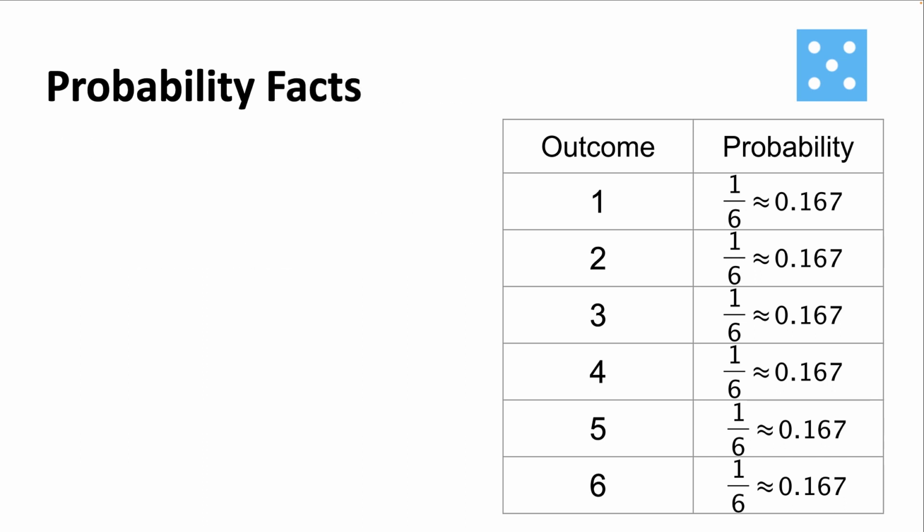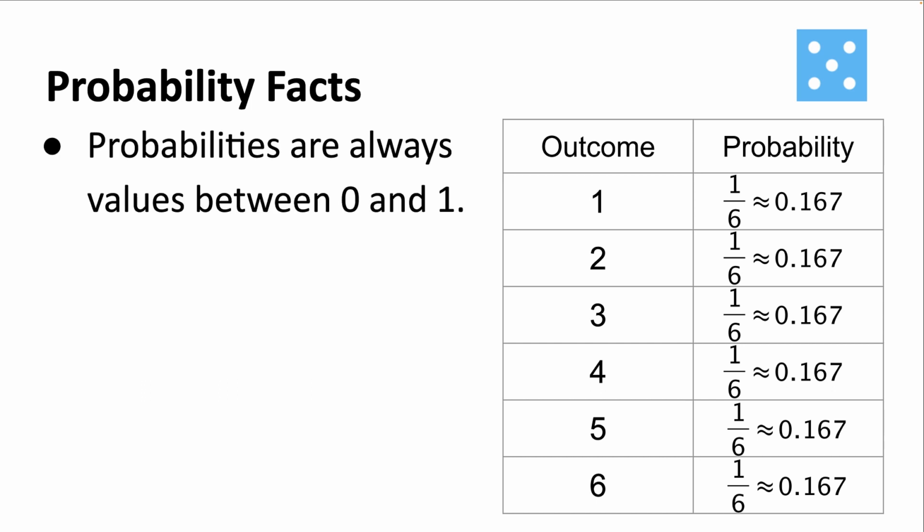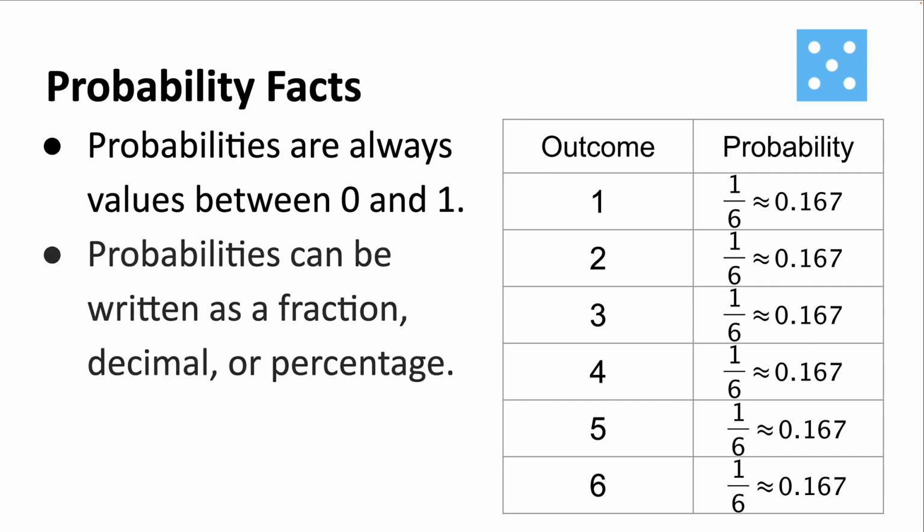Let's talk about some probability facts, and I'm going to reference this probability distribution as we go through here. Probabilities are always values between 0 and 1. And every probability can be written as a fraction, decimal, or percentage.